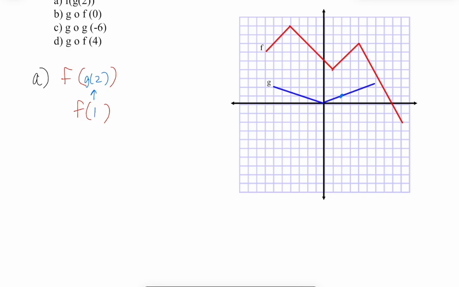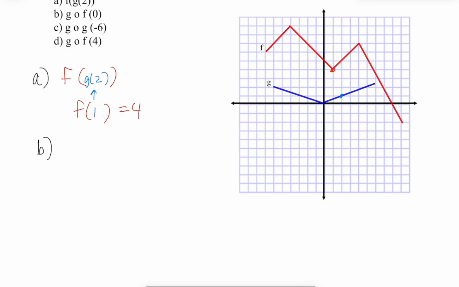So if we are assuming that we hit that perfect value, what is our height on the f function when x is 1? 4. So that is 4. So A, the final answer is 4.